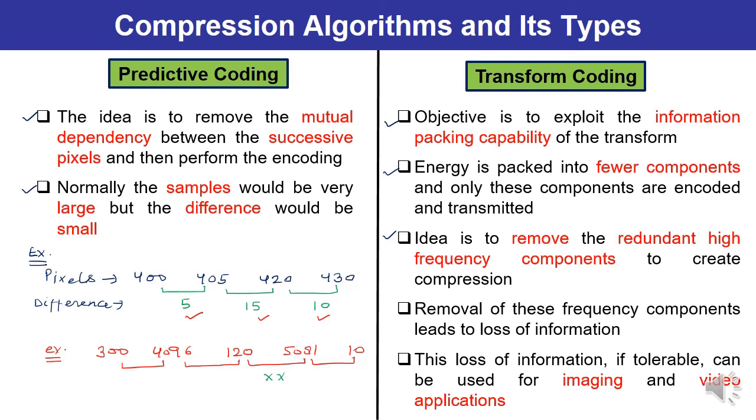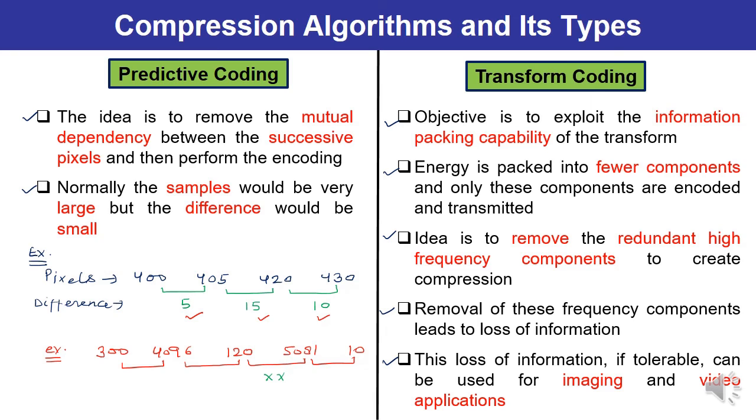Removal of these higher frequency components leads to loss of information. Some information may be lost and error may exist, but it depends on how much error is acceptable for the system. If this loss is tolerable, this type of coding can be used for imaging and video applications.